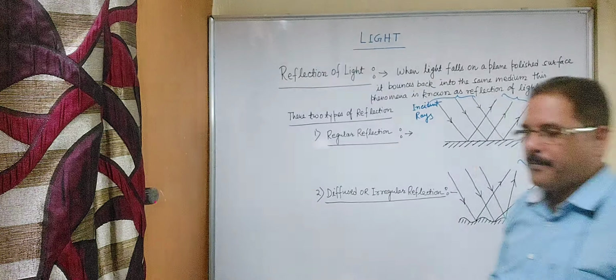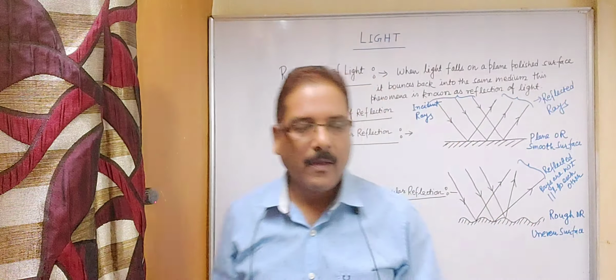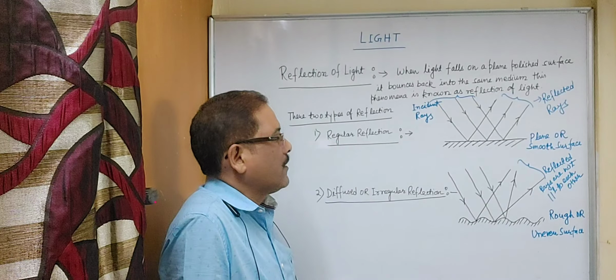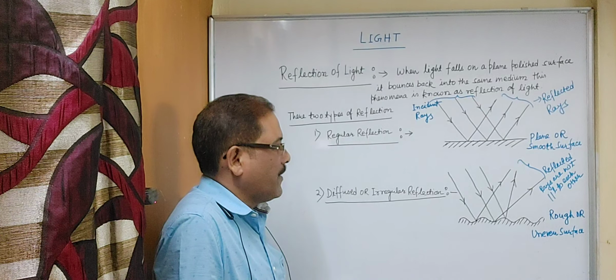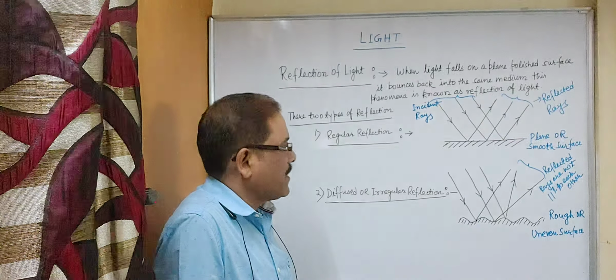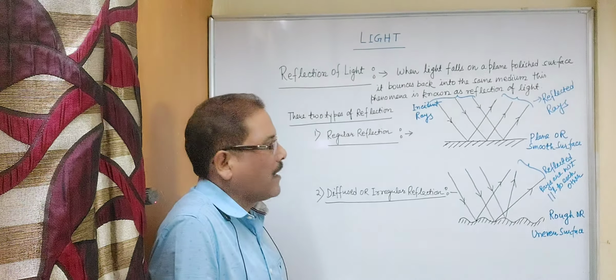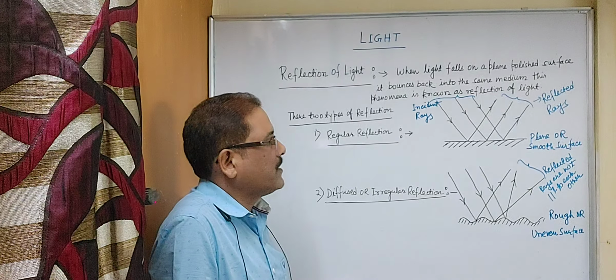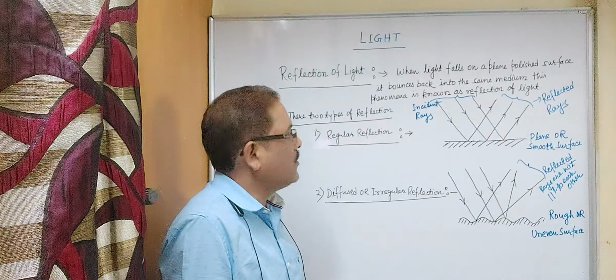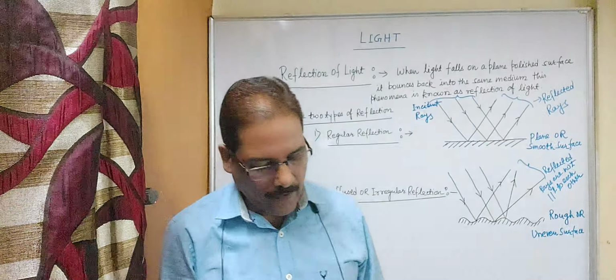So this is the main difference, isn't it? And due to irregular or uneven surface, it takes place, and the things are not visible very clearly due to this diffused or irregular reflection.